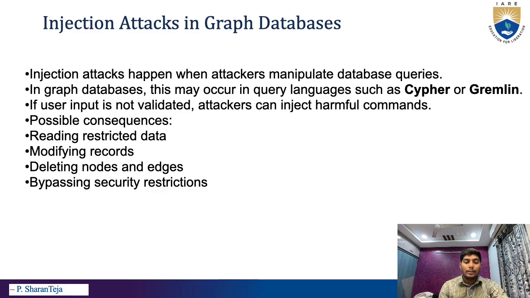For example, instead of a normal query, the attacker injects commands to read hidden data, delete nodes, and change relationships. They can break the entire system. So the solution is input validation, parameterized queries, secure coding practices, and never trust user input blindly.